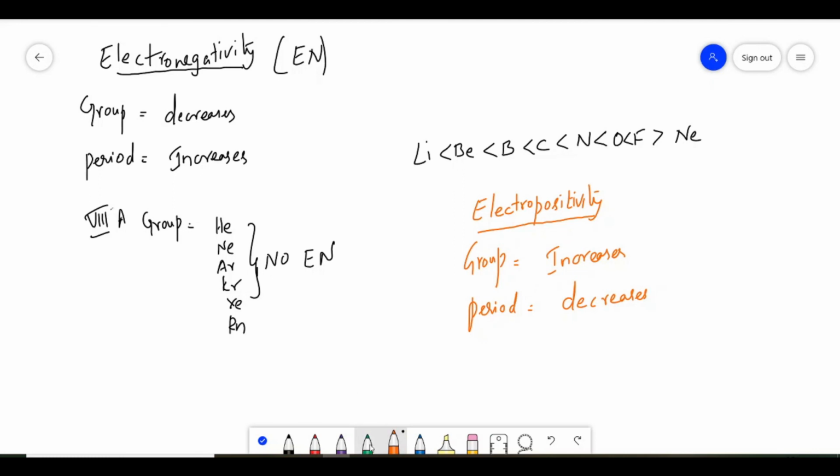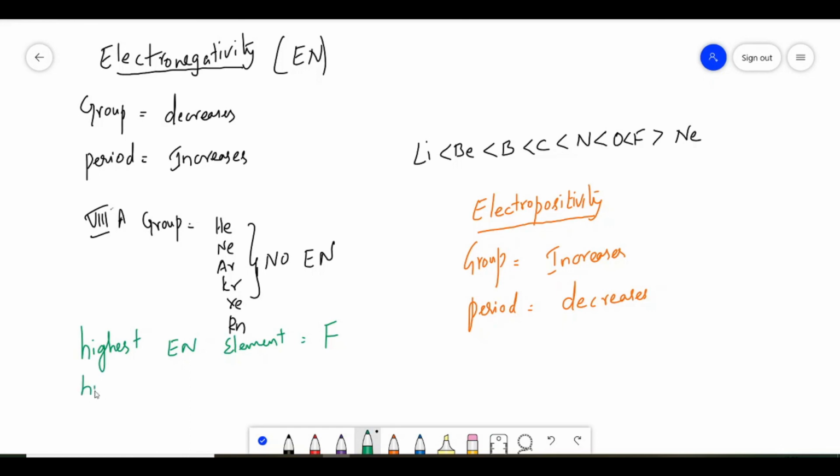And next, remember some points. If the question asks for the highest electronegative element in the complete periodic table, then the answer is fluorine. Fluorine is the highest electronegative element.